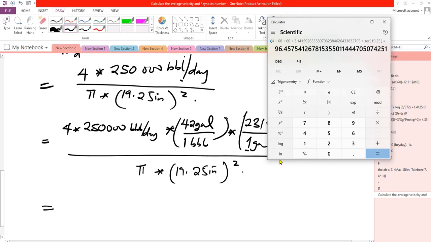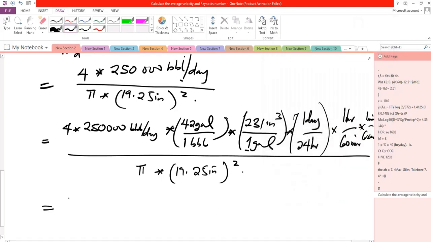So we have this, and this is in inches per second.